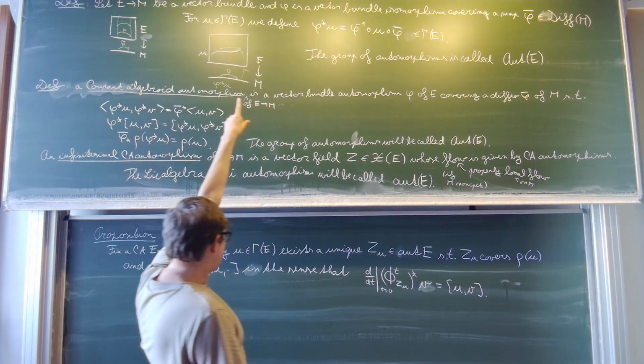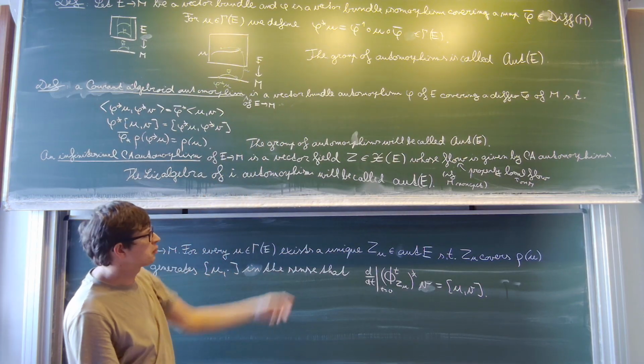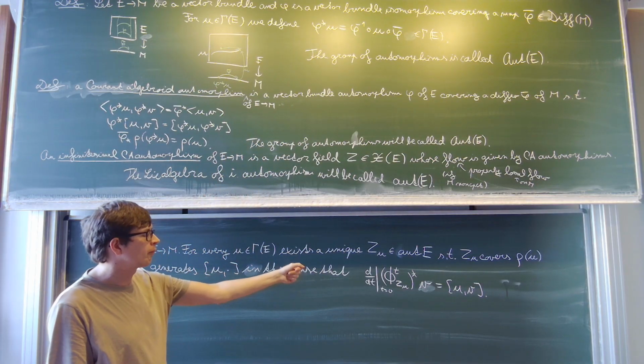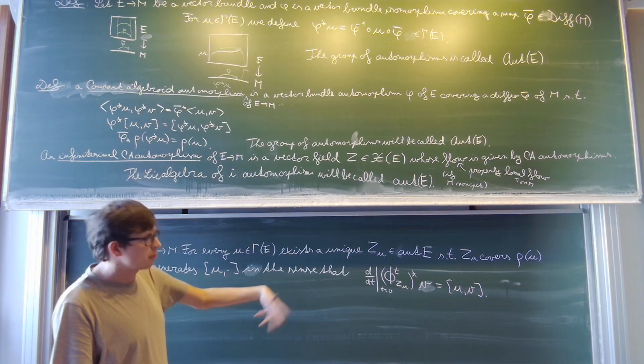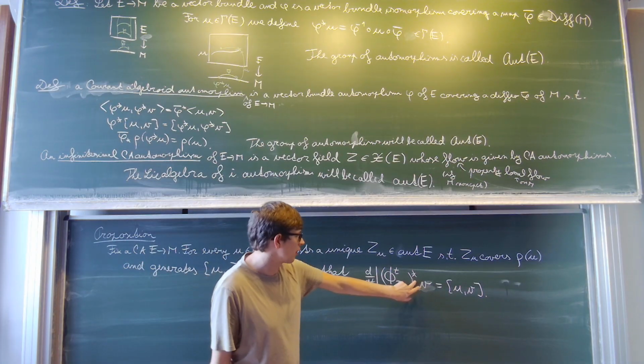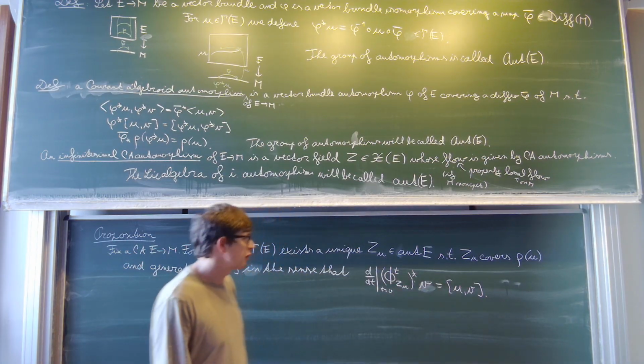Pullback by one of these automorphisms takes a section and produces a section. So I'm pulling back a section, getting a section, and I want it to be this.